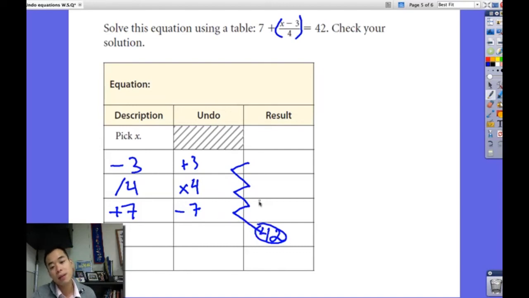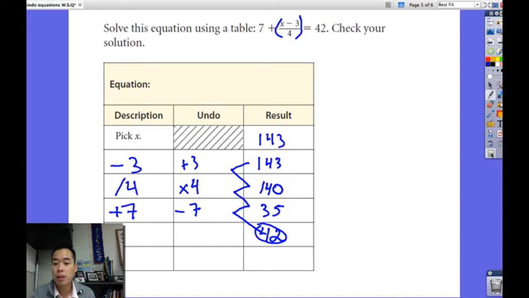So 42 minus 7 is going to be 35. 35 times 4, well, I know that 4 times 30 is 120, and then 4 times 5 is 20, so that's going to be 140. And then 140 plus 3 is going to give me 143. My result, x, my secret number that I'm looking for, should be 143.